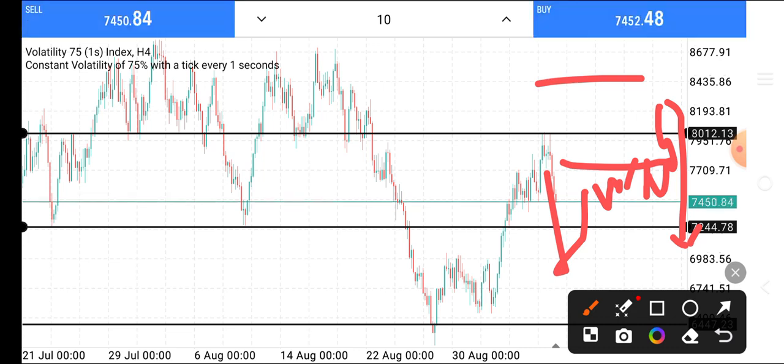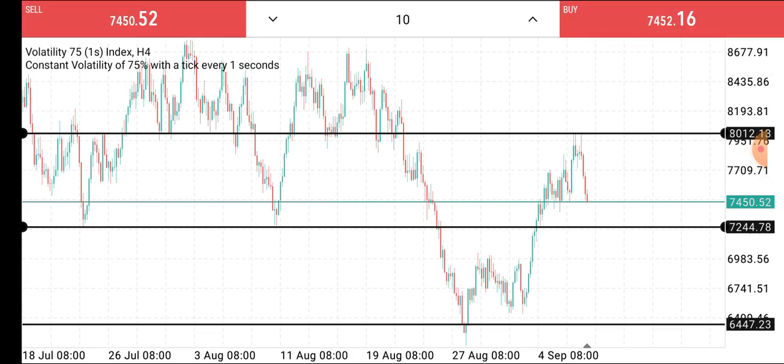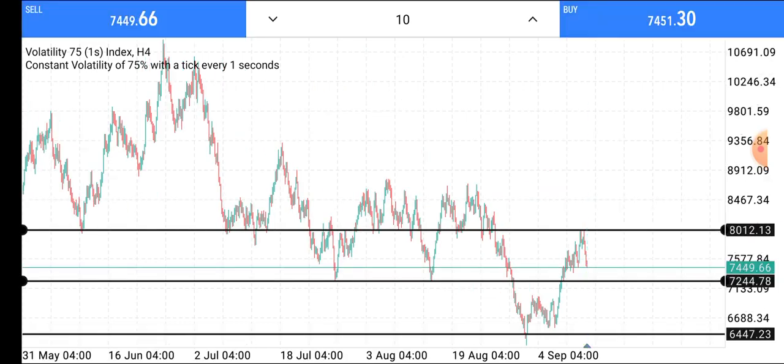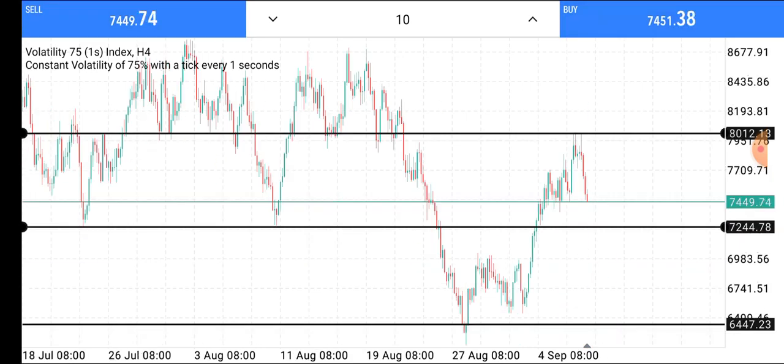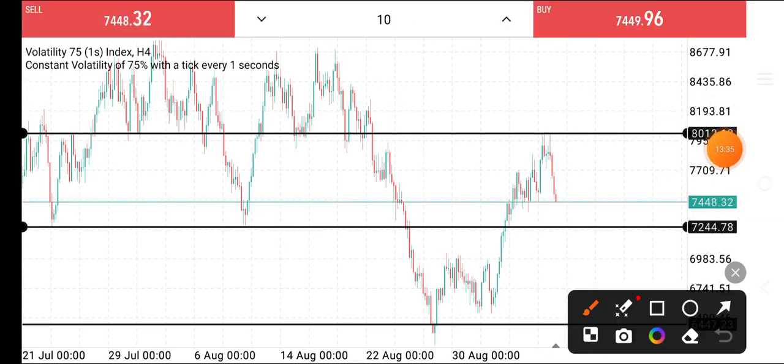So for instance, in this kind of trade now, a whole lot of traders are piling up their stop loss, probably here in this line here. There's a lot of stop loss in this line.